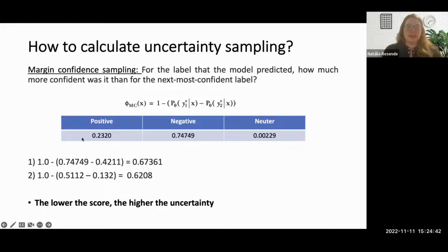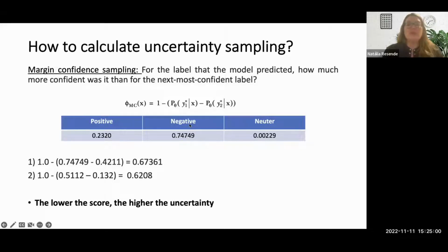In this example, we have positive 0.2, negative 0.74, neutral 0.0. We see here that the model is going to classify the review as negative, right?